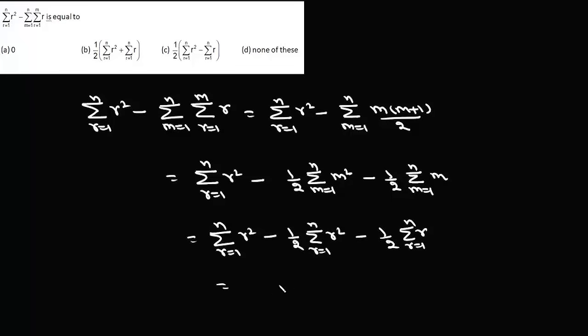Now this is 1 by 2 r square. So we can write this as 1 by 2, and then it will be simply summation r square r varies from 1 to n minus summation r varies from 1 to n, and that's your option C.